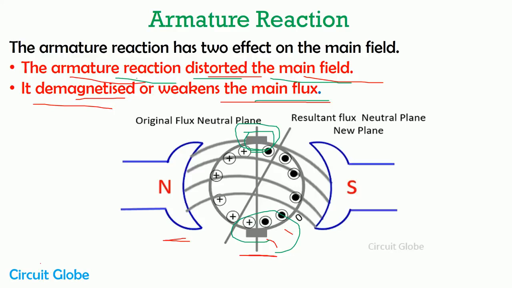So it is very essential to know the position of the magnetic neutral axis. But because the armature reaction weakens the main flux, the magnetic neutral position is shifted, making it difficult to know the exact position of the MNA. So guys, these are the adverse effects of armature reaction on the DC generator, and hence it is very essential to reduce their effect on the machines.